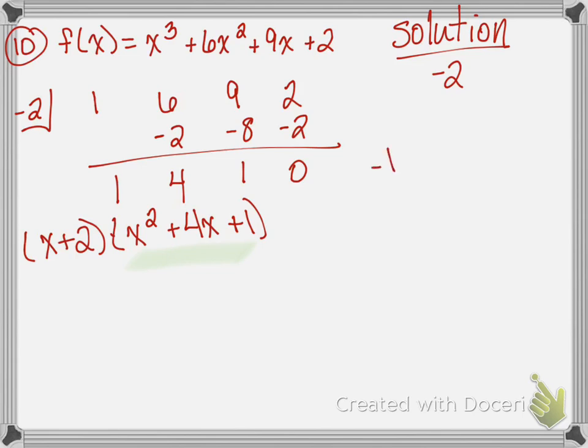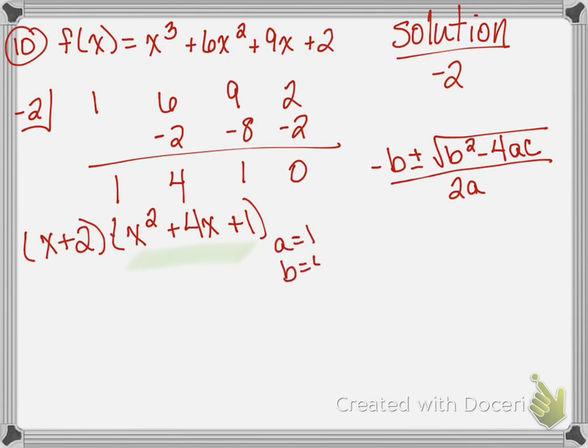So I've got negative b plus or minus the square root of b squared minus 4ac, and all of that is over 2a. Okay, so my values that I have here are a is 1, b is 4, and c is positive 1. Okay, so negative b, that's going to be negative 4, and that's plus or minus the square root.